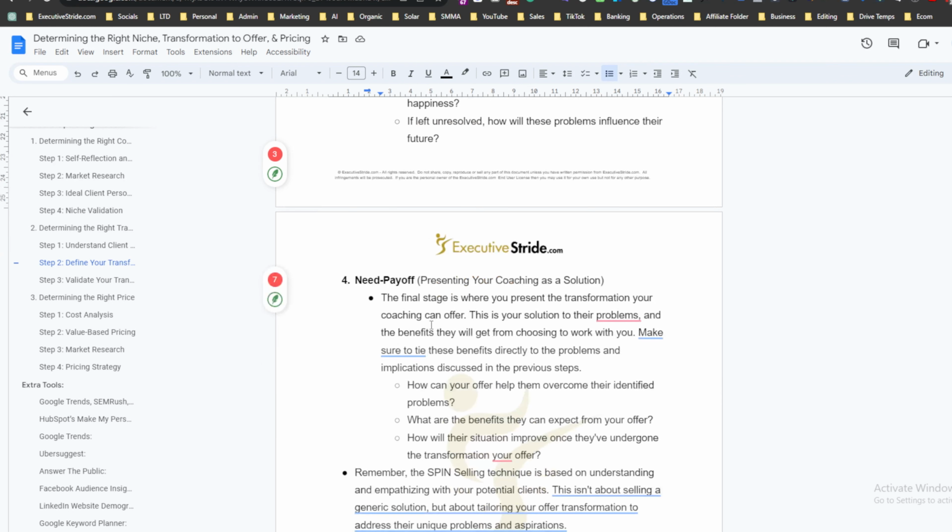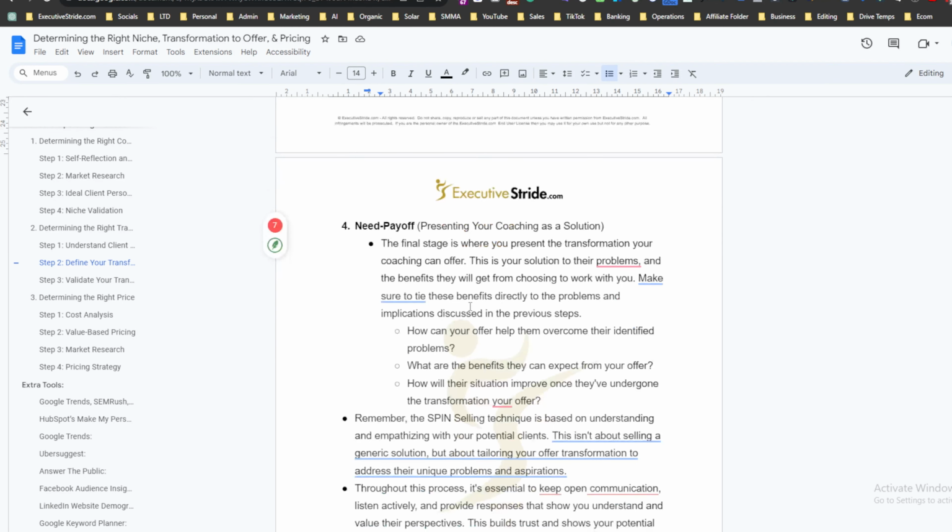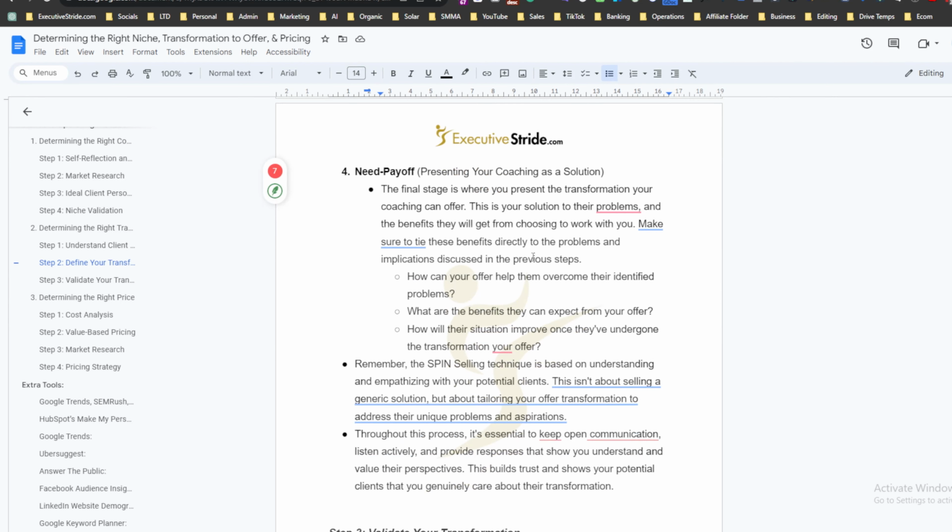And then four, need payoff: presenting your service or offer as a solution. The final stage is where you will present the transformation your service, coaching, or product can offer. This is your solution to their problems and the benefits they will get from working with you. Make sure to tie the benefits directly to the problems and implications discussed in the previous steps.